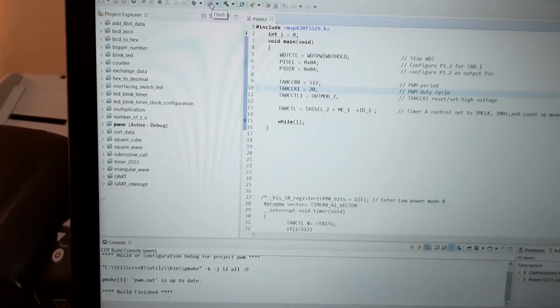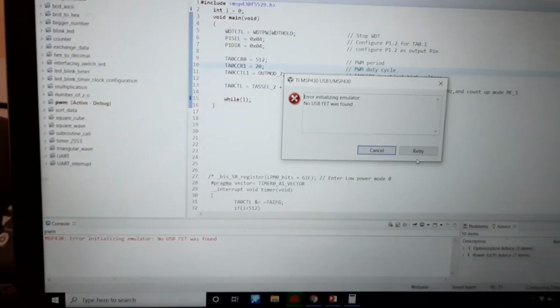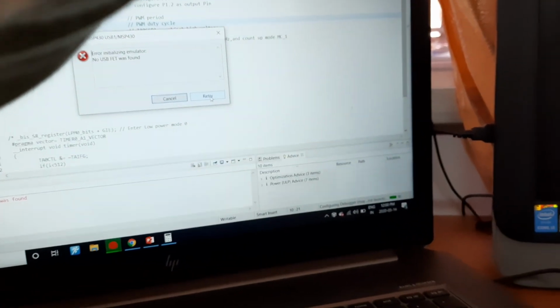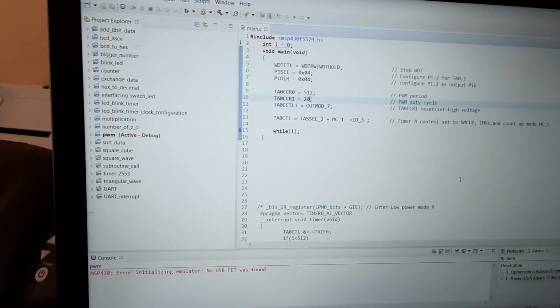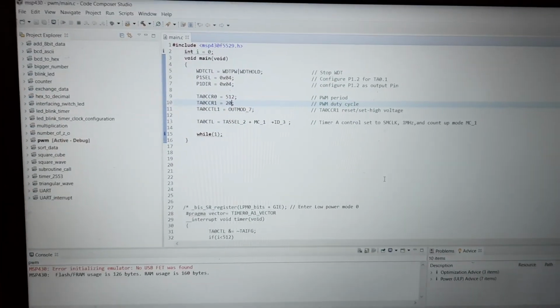I'm going to build it and download the program. There's some problem with the connection of the board. I'll remove the USB and try it again. Yeah, now the program is getting downloaded.